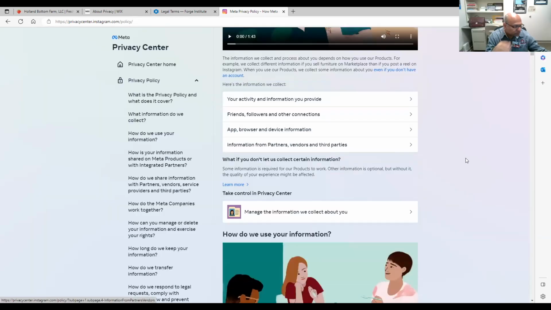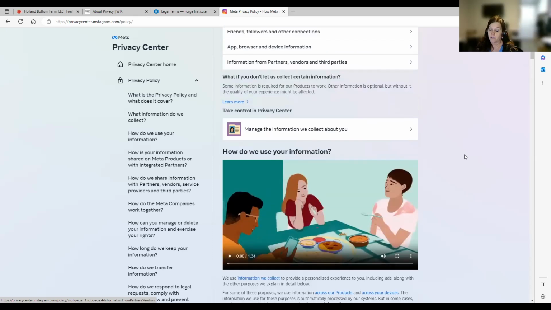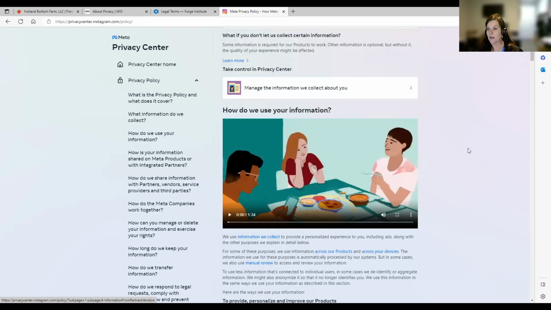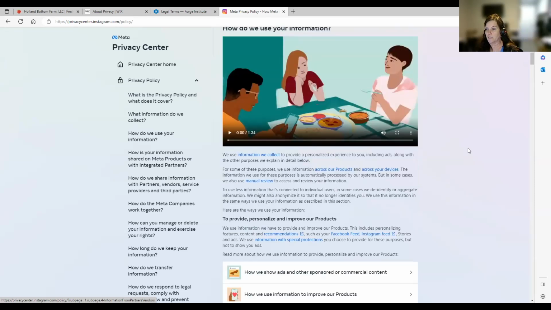And they list everything that they collect, and it's quite a bit of information, and some of it is non-personal and some of it is personal data. So when they're collecting all this information, how is it being used? How is that personal information being used?